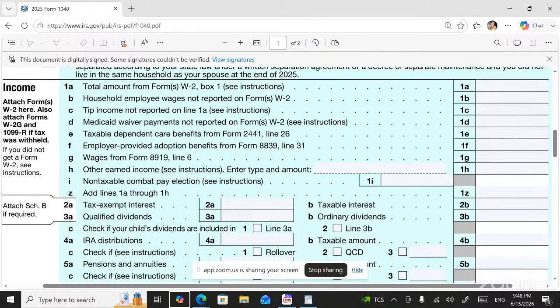When tip income is directly received by the employee, it will not be included in the W-2 form. Then the employee is responsible for including it at the time of filing his return under the head of 1C separately.